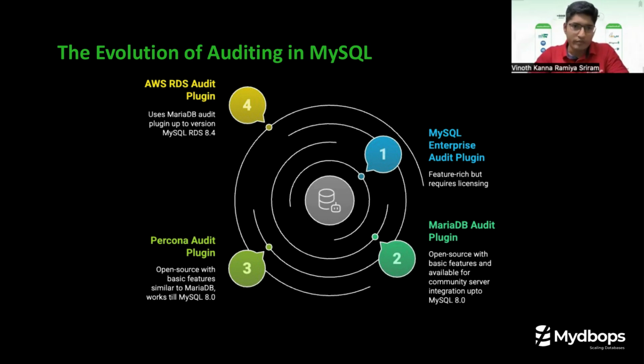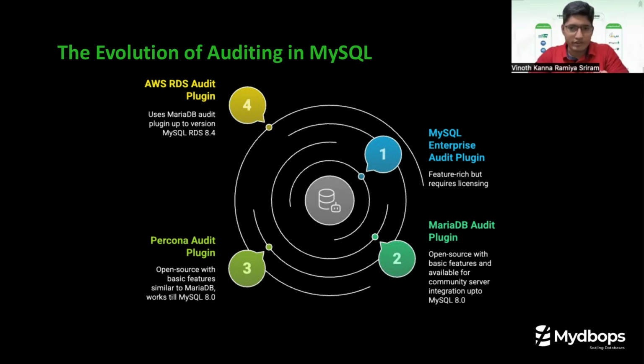Even today, AWS RDS uses MariaDB's version of the Audit Log Plugin, and they have improvised it themselves. The publicly available audit log for AWS RDS is updated till 8.2, but the up-to-date version 8.4 still uses the MariaDB Audit Log Plugin.